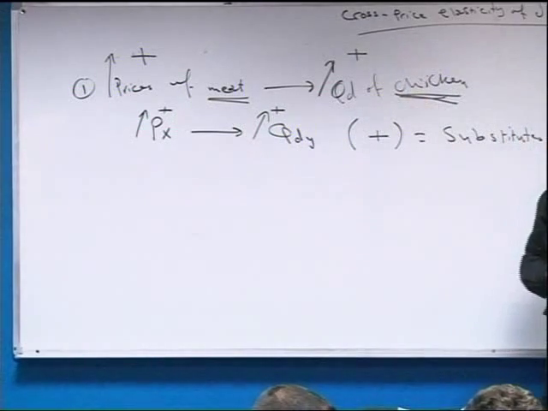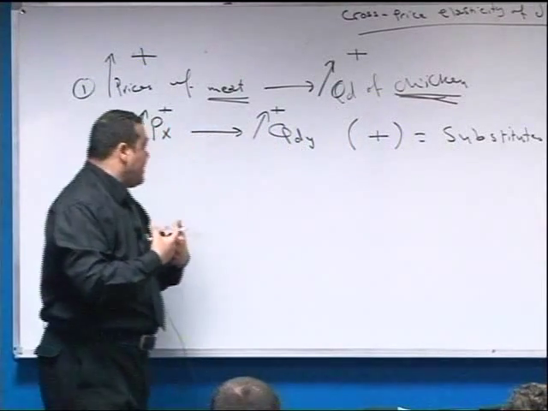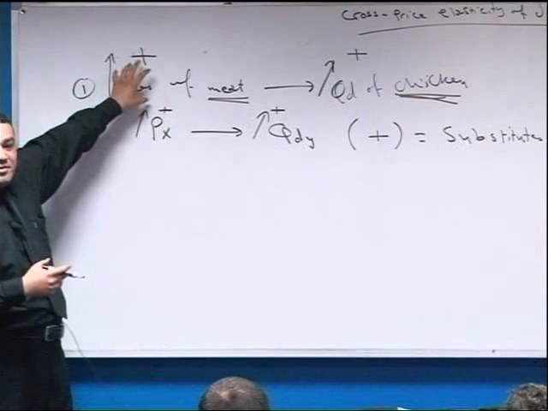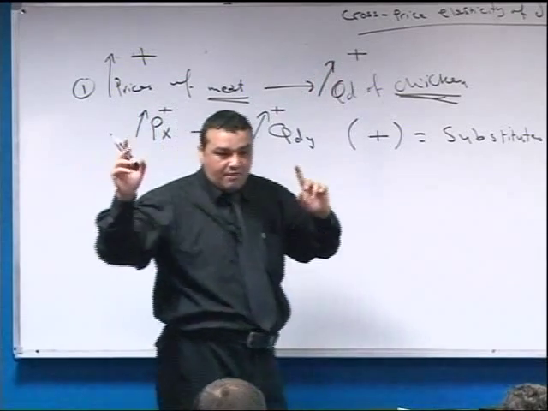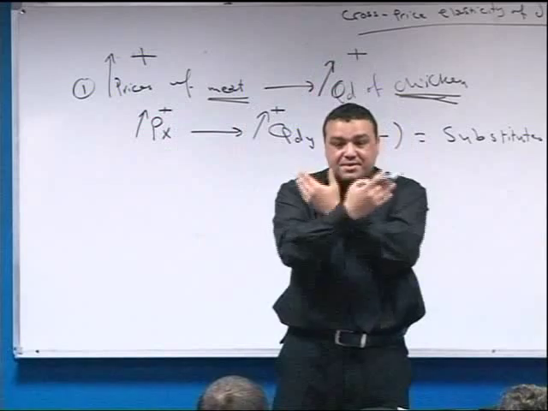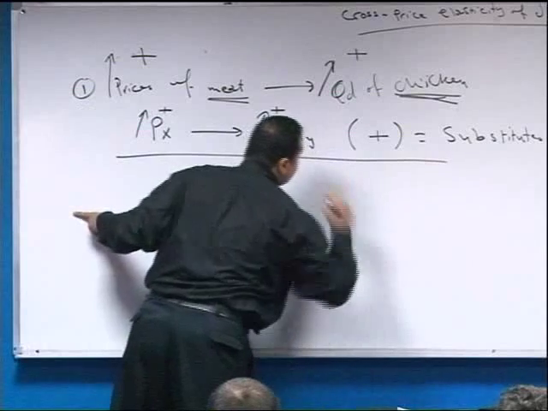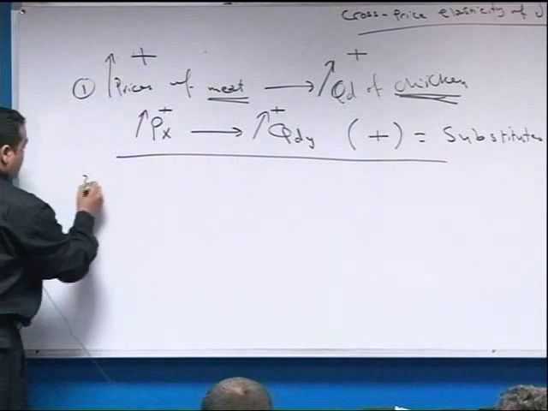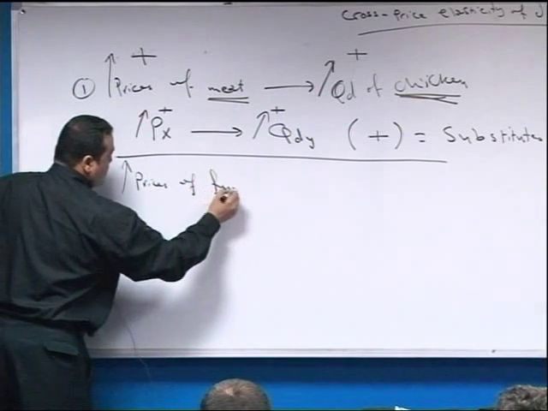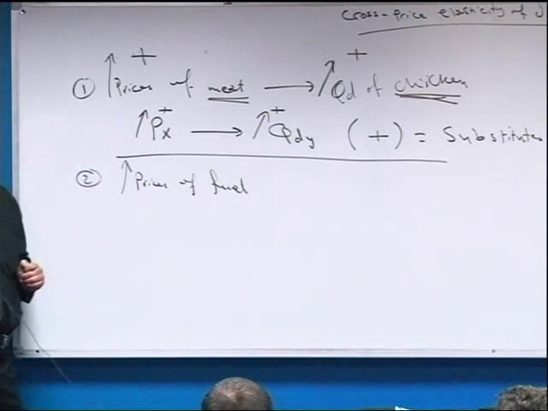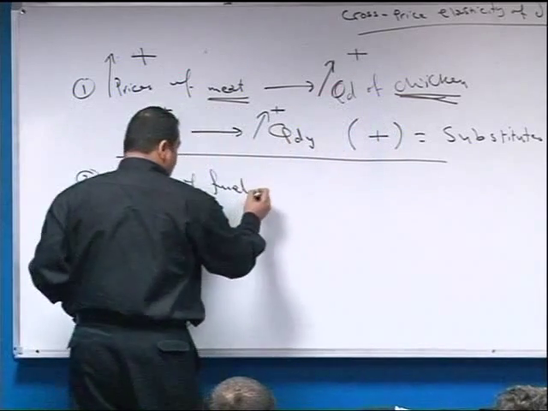So the cross price elasticity of demand discusses the relationship between the prices of product X and the quantity demanded of product Y. The prices of X and the quantity demanded of Y. There is an intersection, or the cross. So the second example, if the prices of fuel increased, the quantity demanded for cars would decline.